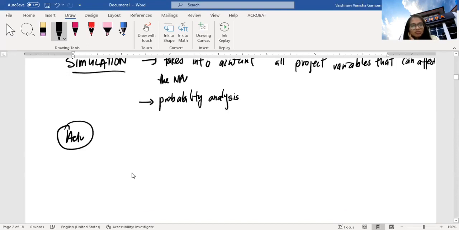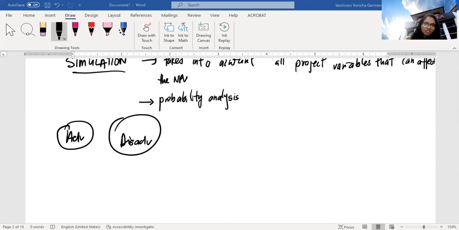Okay guys, I'm not going to write the advantages and the disadvantages. I'm just going to discuss them, and then we will look at the next topic directly. So what are the advantages? Number one, when you are calculating with the simulation methodology, you include all the possible outcomes for your calculation of NPV.